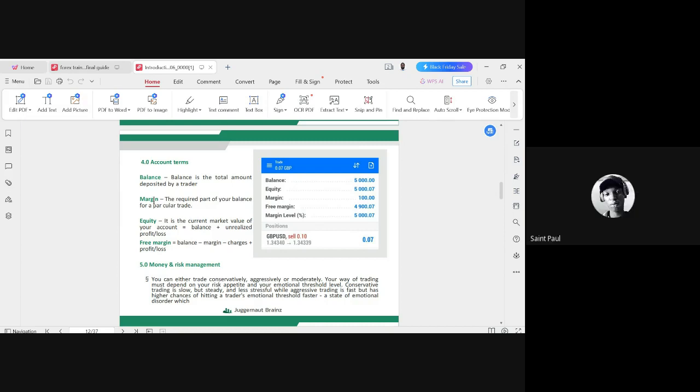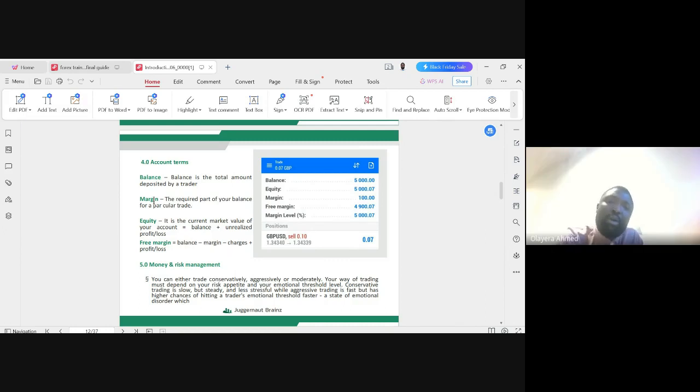A part of it may not be small. If you're trading a lot of lot sizes, it might be half of your capital. It may be 20% of your capital. It might be 10% of your capital. In this case, as you can see, I'm in a trade at the moment. So only $100 of my capital went into the trade, because of the volume that I'm using.